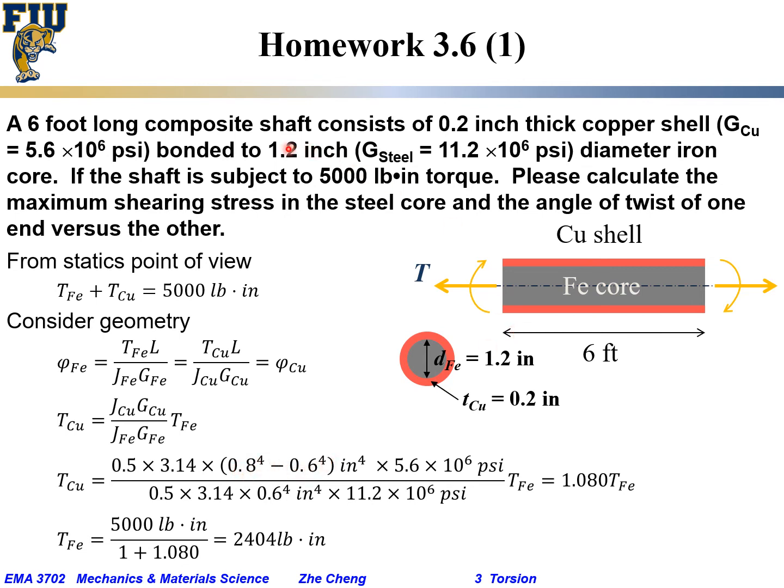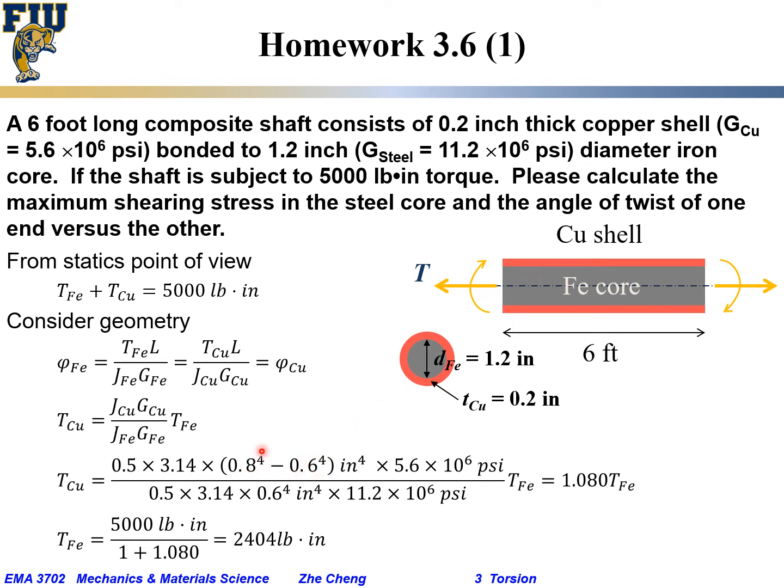We said the solid iron core is 1.2 inch in diameter. So the radius for the iron would be 0.6 inch, which means the inner radius for copper would also be 0.6 inch.